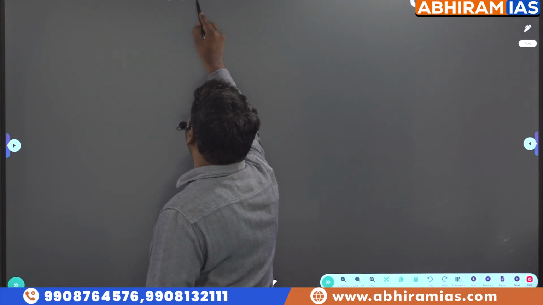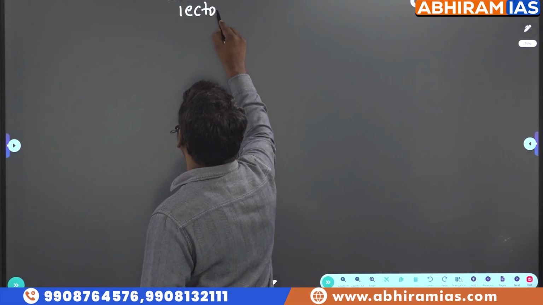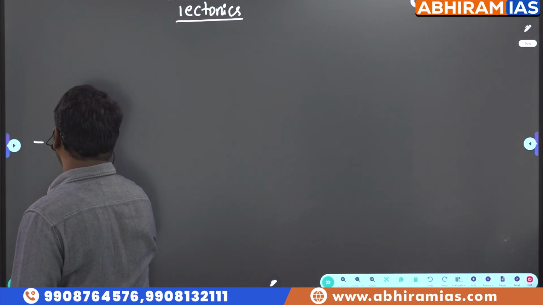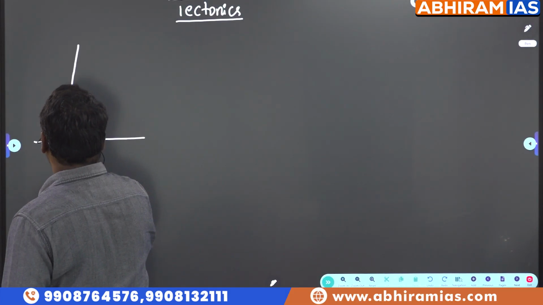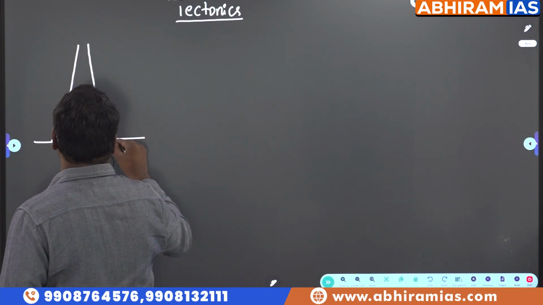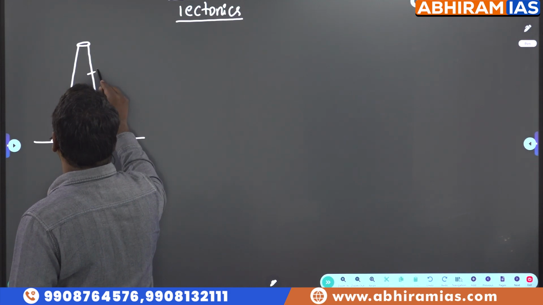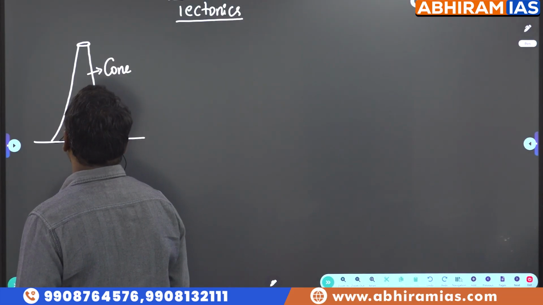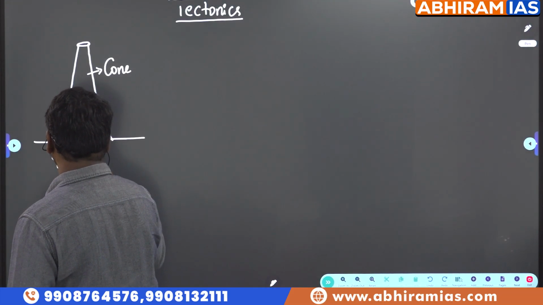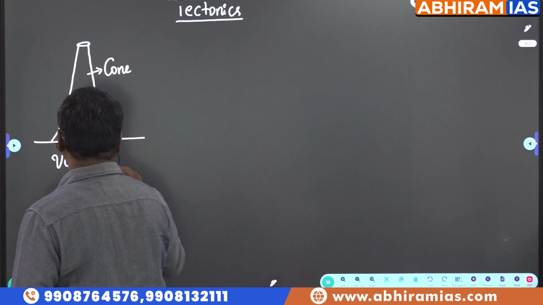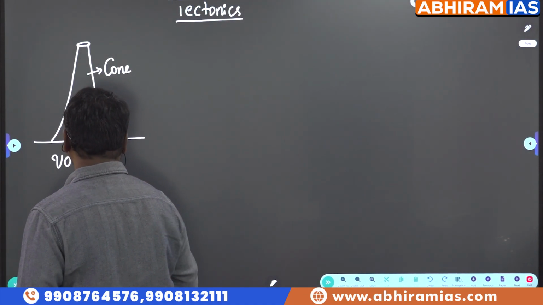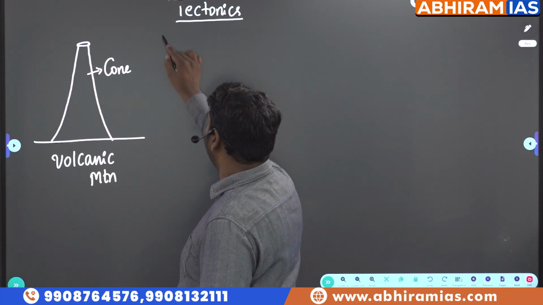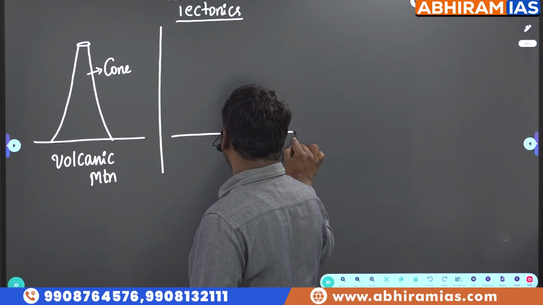Next, we'll talk about tectonics. Before I talk about tectonics, guys, if a lava comes and solidifies in cone shape, it is normally called volcanic mountain.